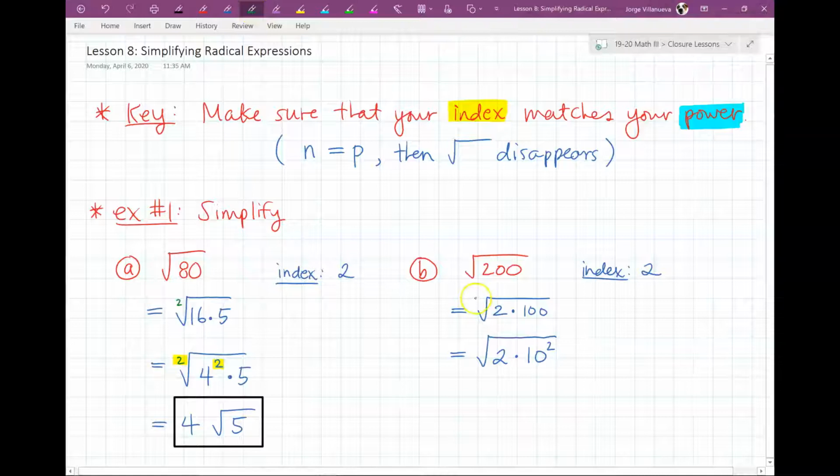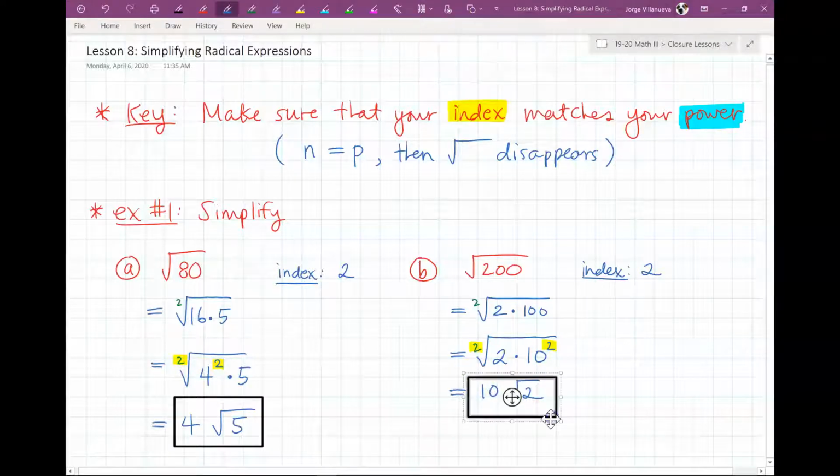And just like I did in the other problem, I'm going to put in my index here, which is a 2, and then I'm going to highlight that since I have a 10 squared, that 10 is going to go outside, right? The radical is going to disappear for it. The radical 2 will still have one, okay? So this will still be 10 radical 2.